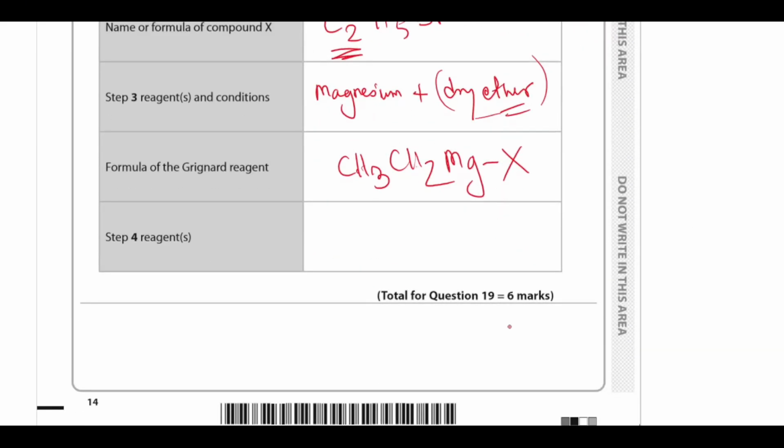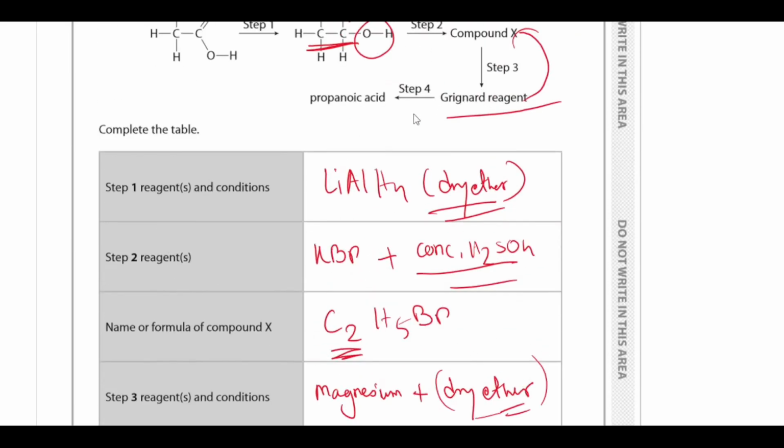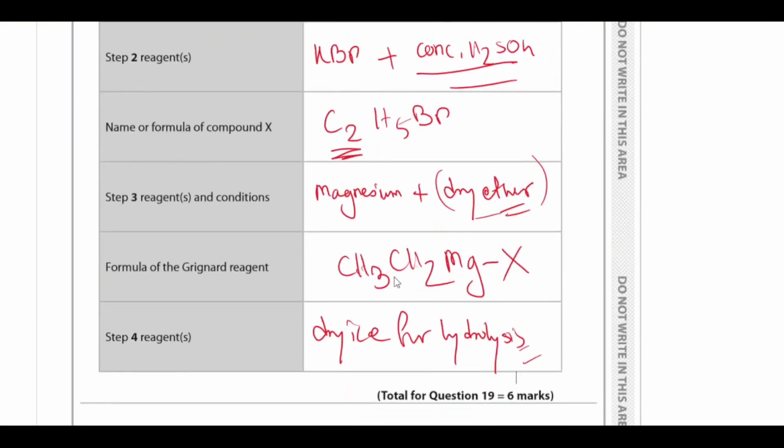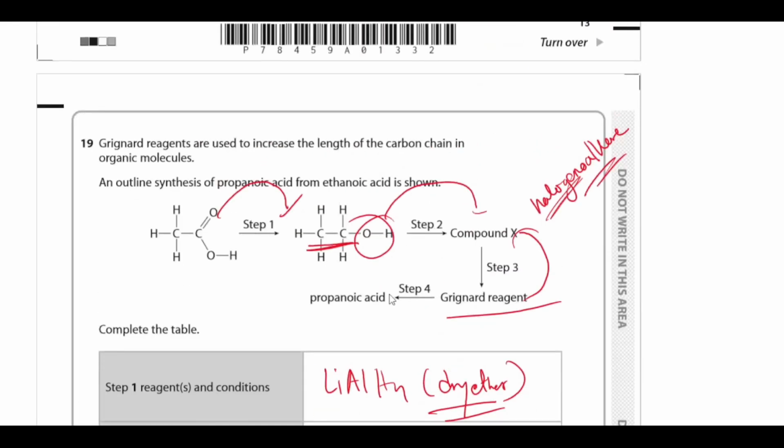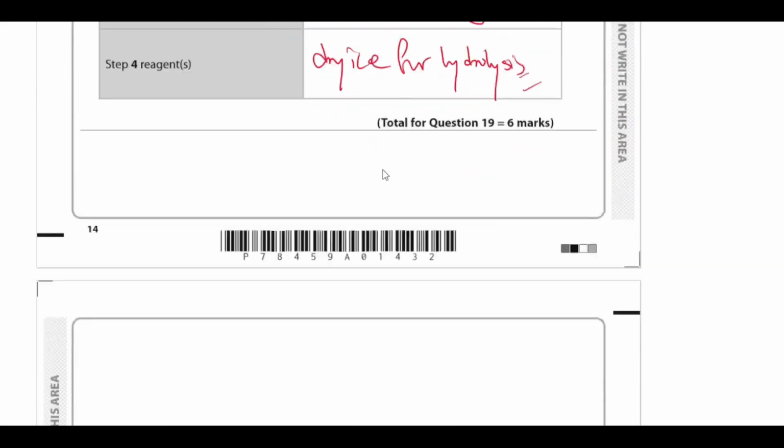So we can basically use dry ice, because that will act as a good source of water, and then we can hydrolyze it. So that would be the reagents for performing step 4, to convert the intermediate product produced by a Grignard reagent into the main product, which is the propanoic acid.